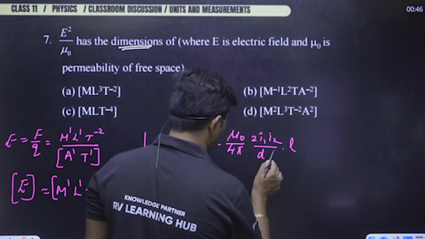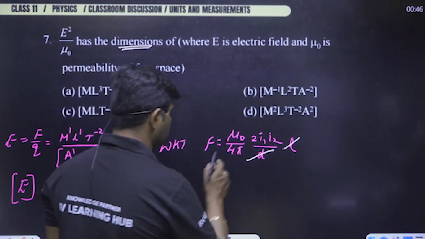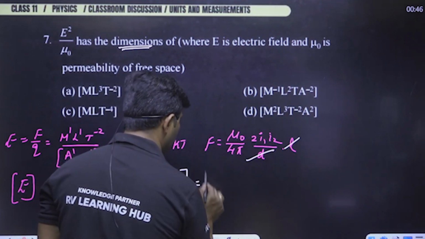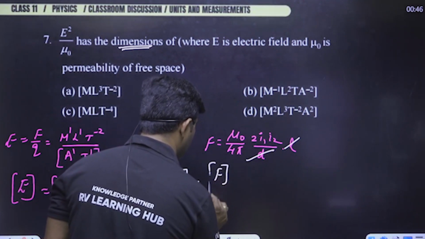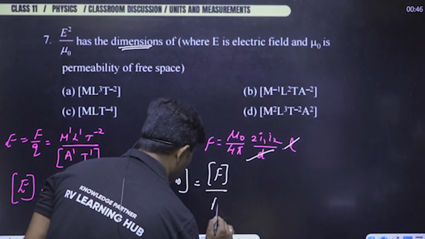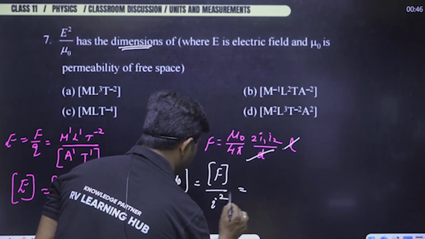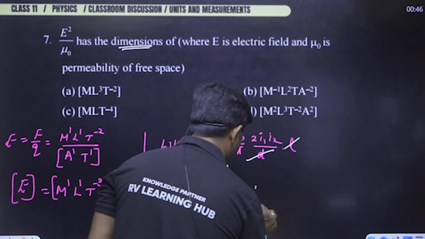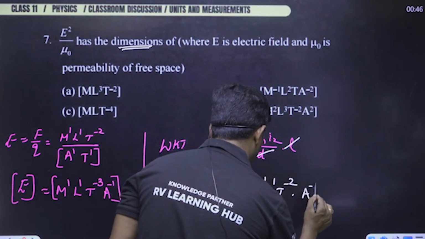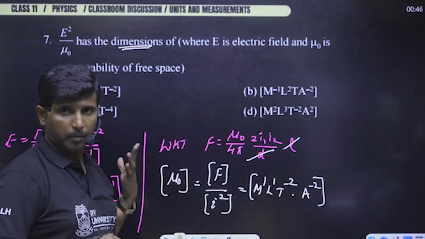L and D will have the same unit, so we can cancel them. Therefore, the dimensional formula of mu naught is the dimensional formula of force divided by I1 into I2, in the sense ampere square, or I square. So just simplify this: M power 1, L power 1, T power minus 2 into A to the power of minus 2. That is the dimensional formula of permeability.